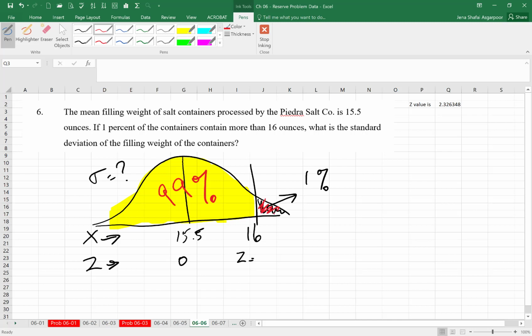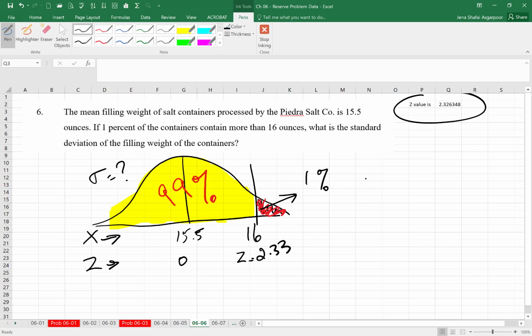And this area over here is 1%. Okay, so knowing that, our z-value is 2.33.